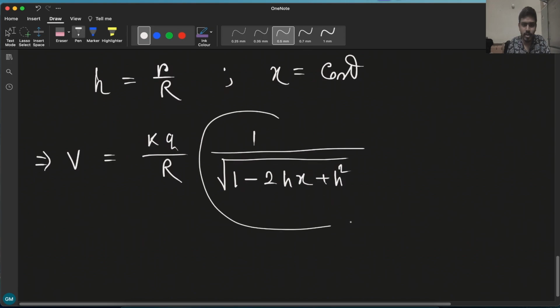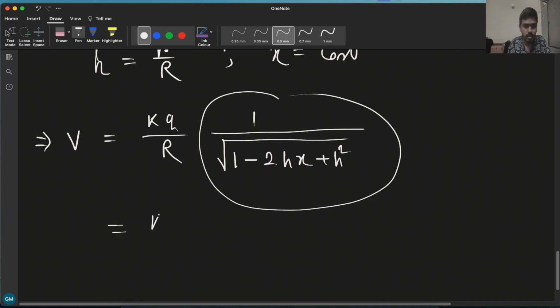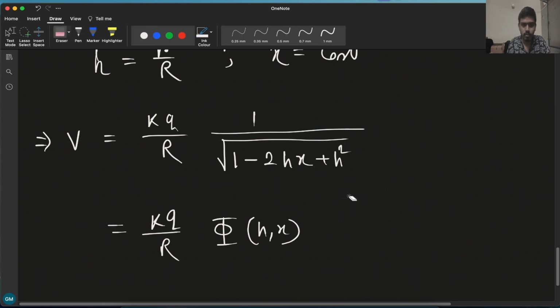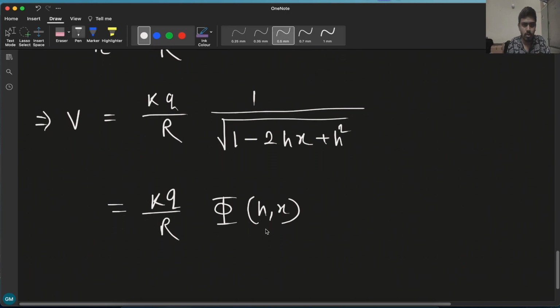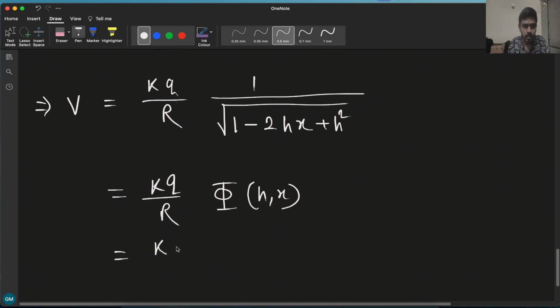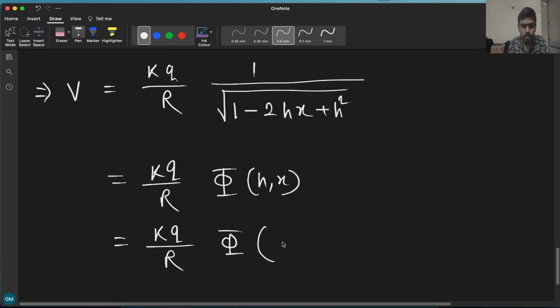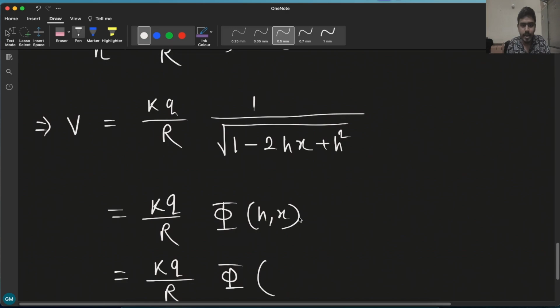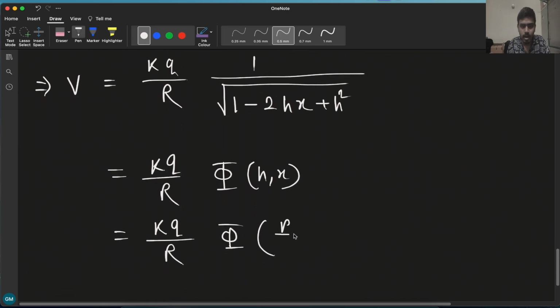And if you can remember this quantity, this is nothing but the generating function of Legendre polynomial, that is phi of h comma x. Or it can also be written as kq phi. What is h? h is r by R, x is cos theta.